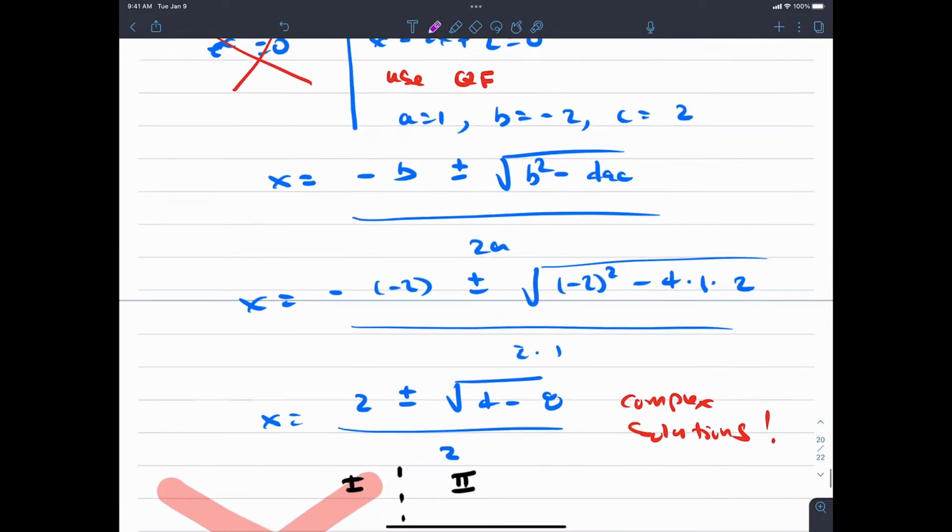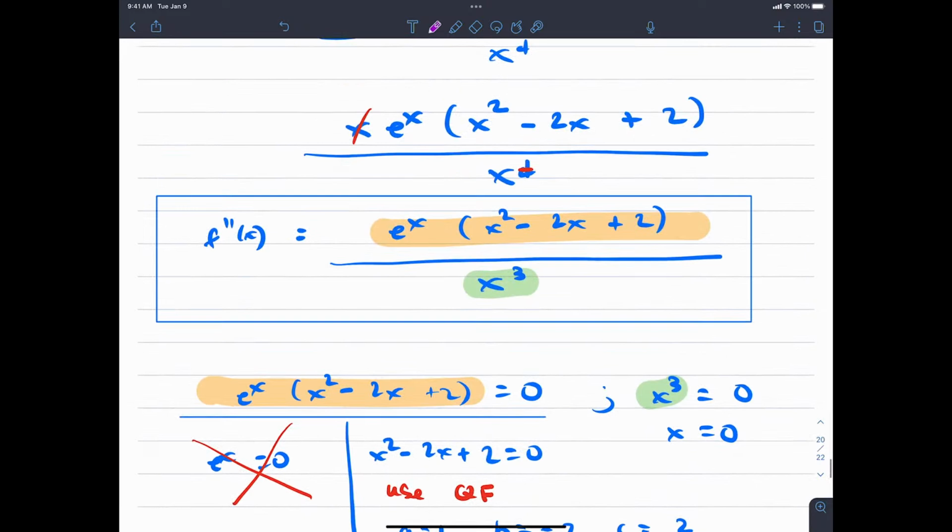But you're doing sign analysis on what? This derivative. So if you plug in 3 wherever there's an x, isn't e to the third, I don't care the value, isn't that positive? Isn't 3 to the third positive? I don't really care. But what's 3 squared minus 6 plus 2? 9 minus 6 is what? 3. 3 plus 2 is what? What does that mean about region 2 or whatever that region is?